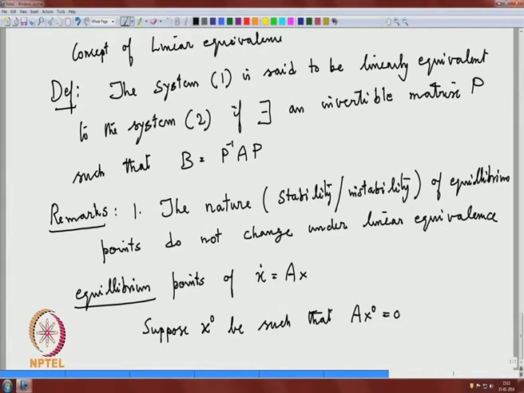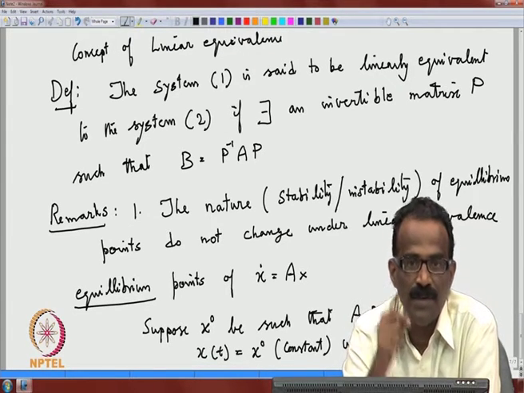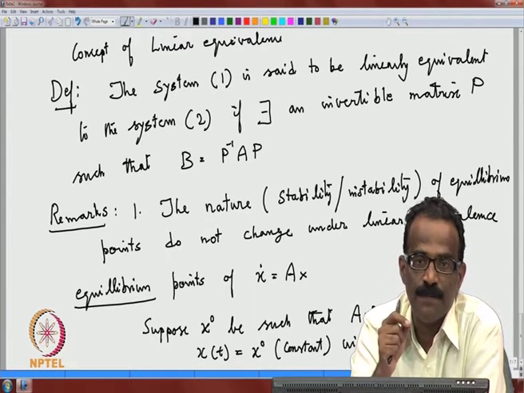This implies if I define x(t) equal to the constant x naught, it will be a solution. That means if at t naught the solution is at an equilibrium point, then the solution will remain at that point all the time; it will not move from there.